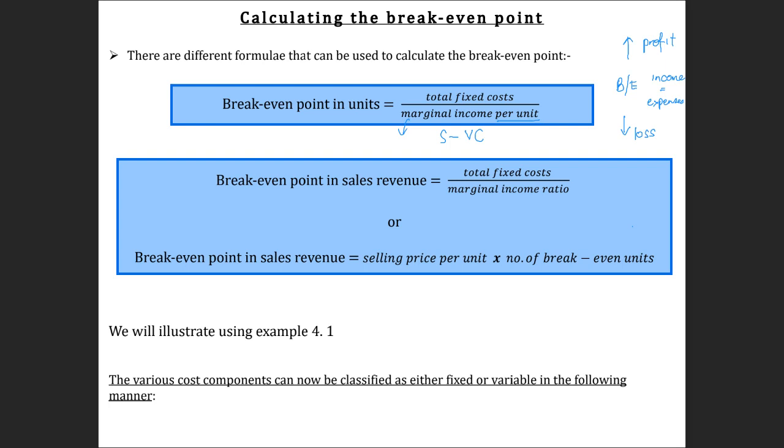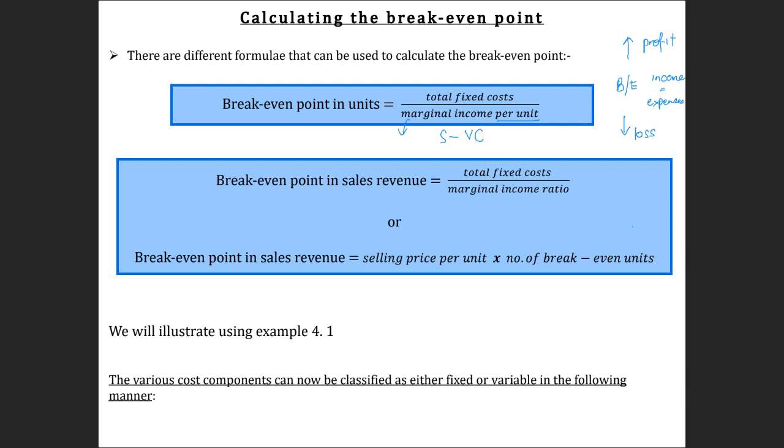Then it can also be calculated in terms of sales revenue. So in terms of sales revenue, either one of these formulas can be used. The first one is taking your total fixed cost and dividing it by the marginal income ratio.